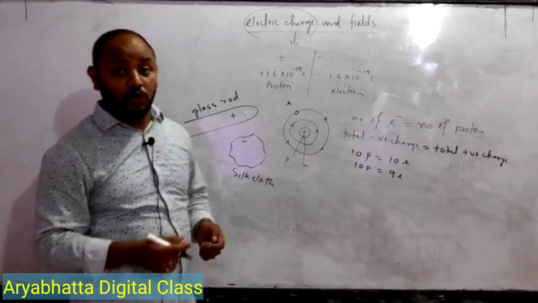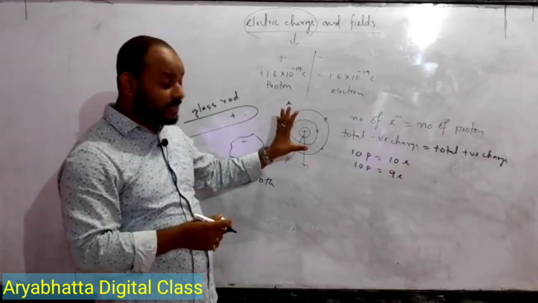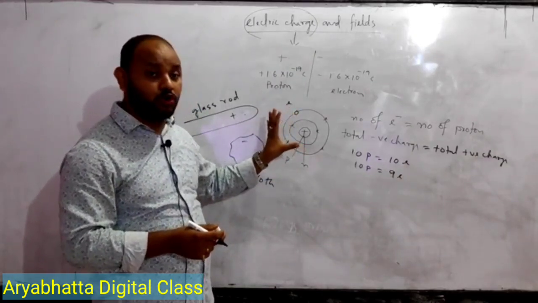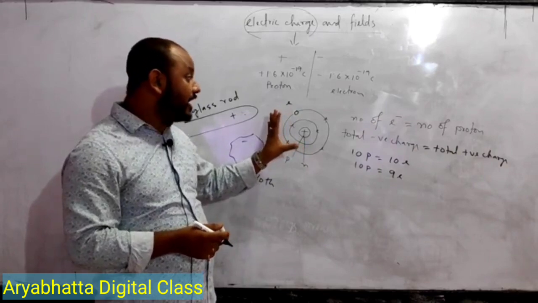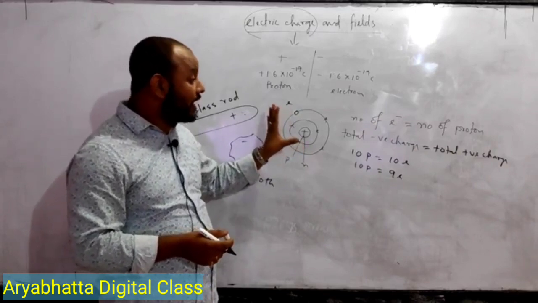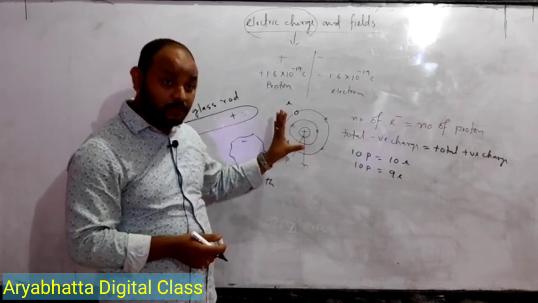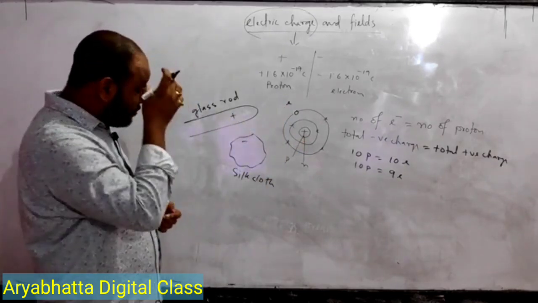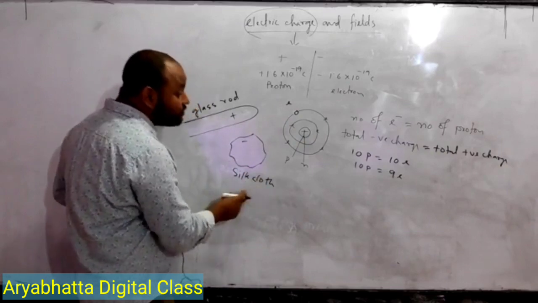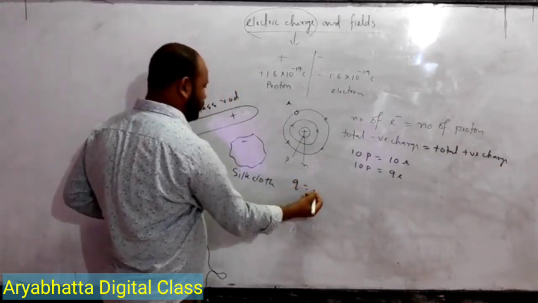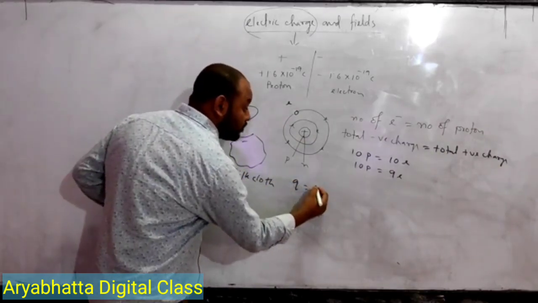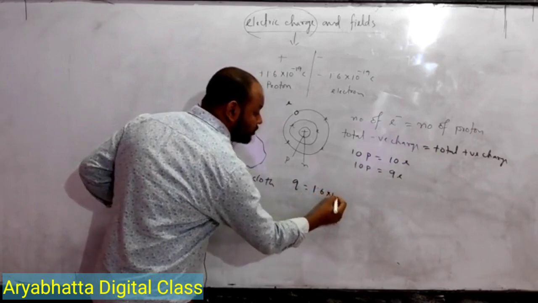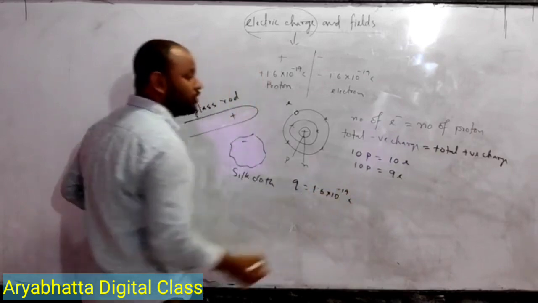That means one proton will be alone in this atom, and the net charge of this atom will be positive. The magnitude of the charge, Q, will be equal to the charge of the proton, which is 1.6 × 10^-19 coulomb.